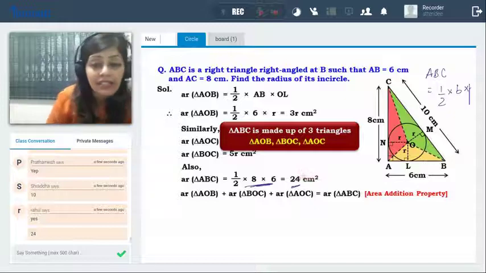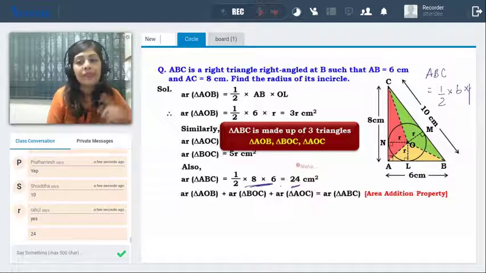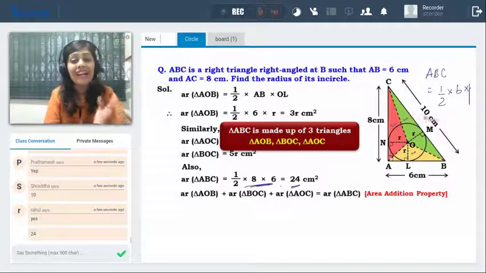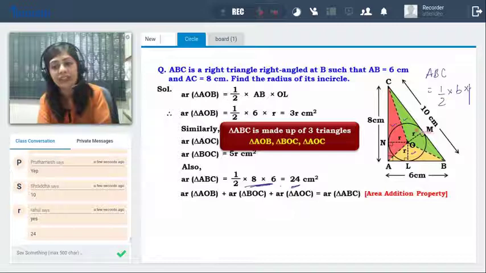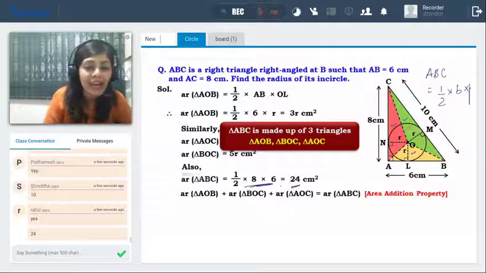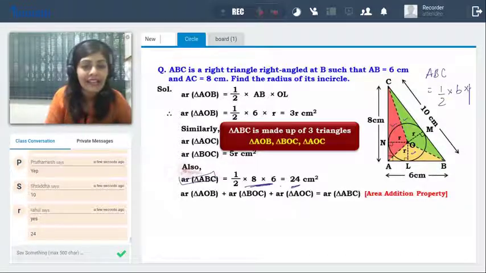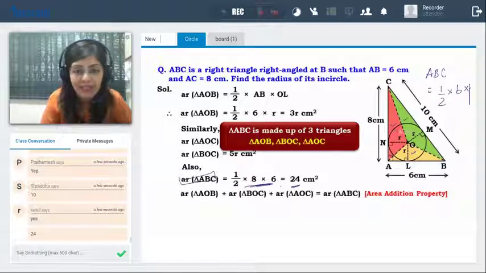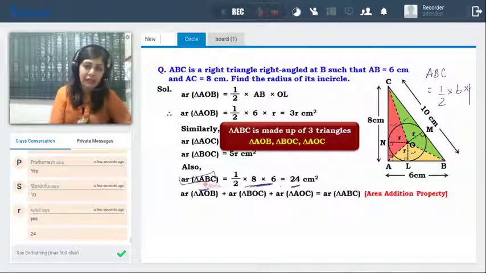Now, students, pay attention. This triangle, if we divide it into three triangles, yellow triangle, green triangle, and pink triangle, if I add the areas of three triangles, it is equal to the area of triangle ABC. Yes, if I add triangles AOB plus BOC plus AOC, it is going to be area of triangle ABC.